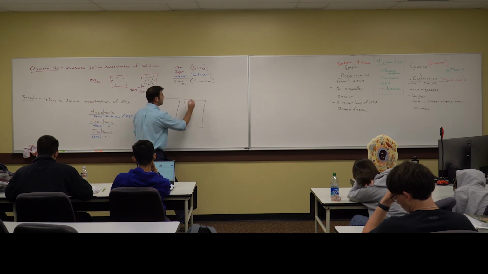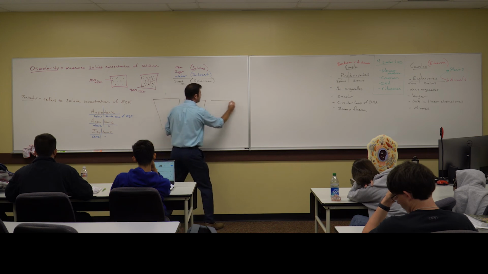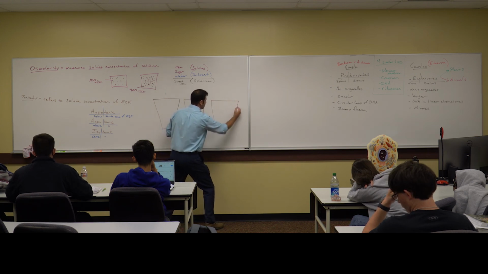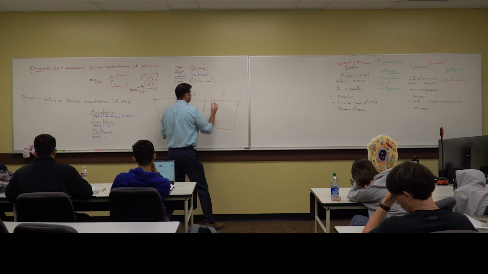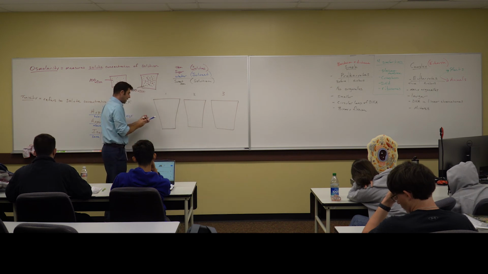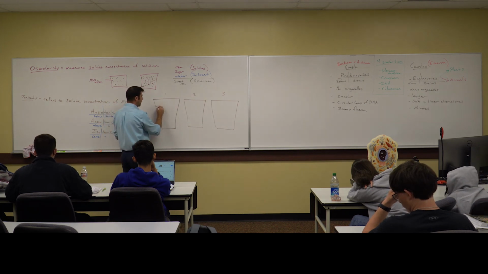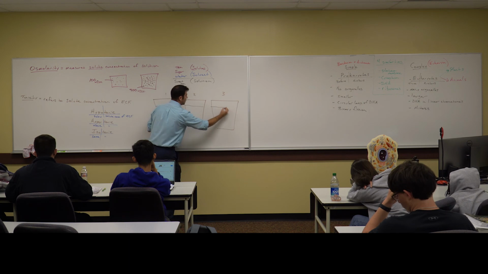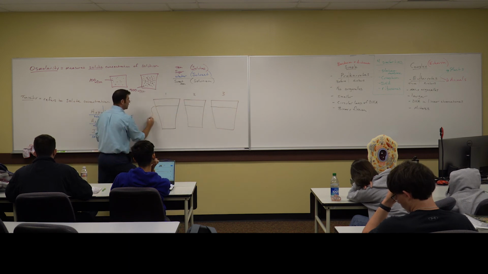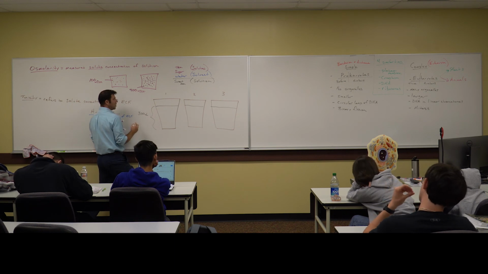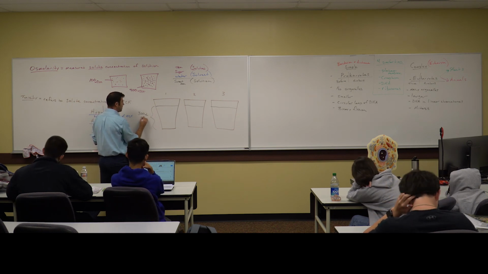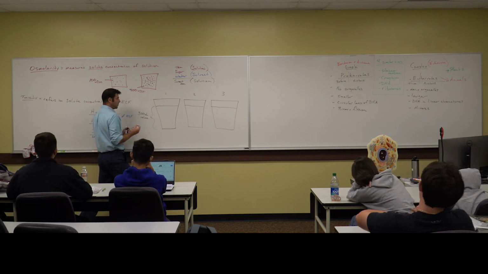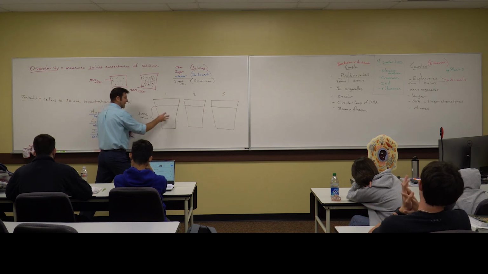Let's label this beaker number 2, and then we had our third and final beaker. And you'll remember each one of those had what we called a fill line, and that fill line measured 300 milliliters of fluid. So 300 milliliters were found in each one of these cups.